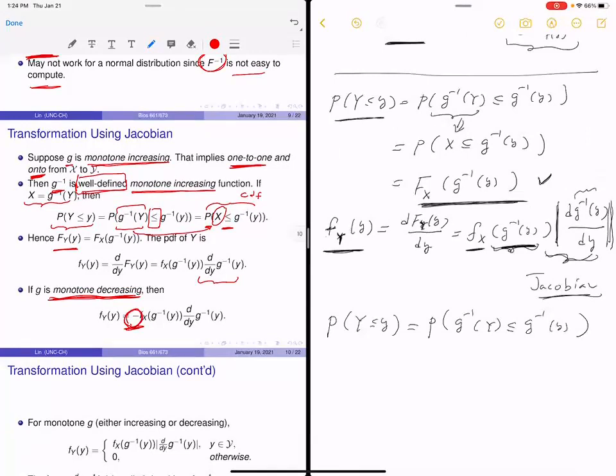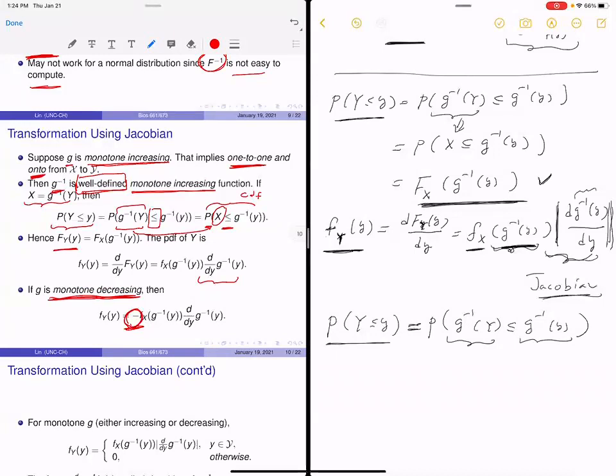Okay, good. Your CDF right here equals applying the G function on both ends. If your G function is monotone decreasing, your G inverse function is monotone decreasing as well.